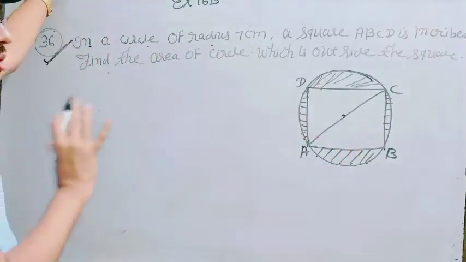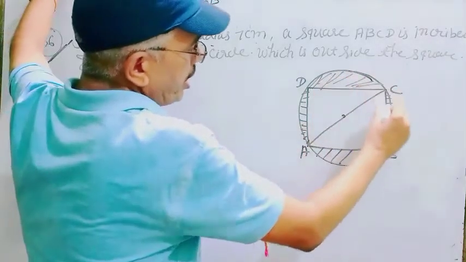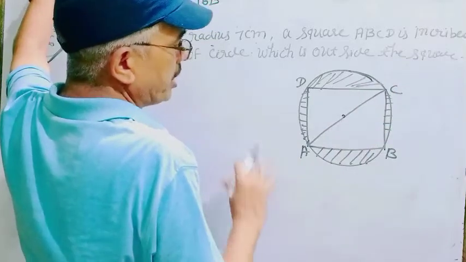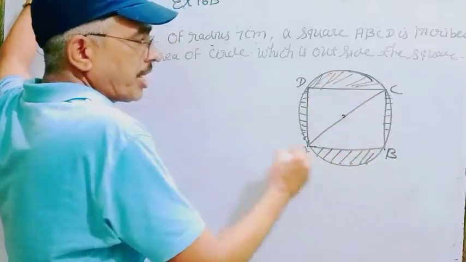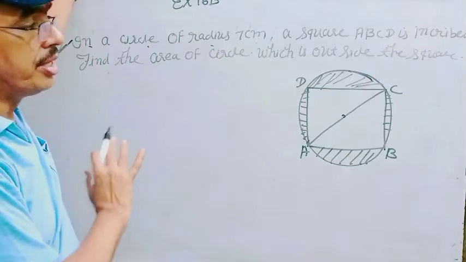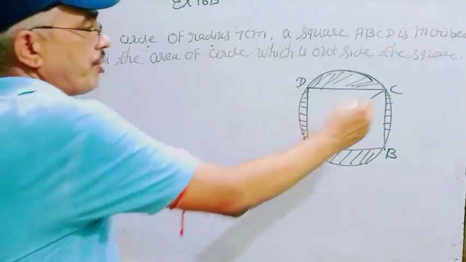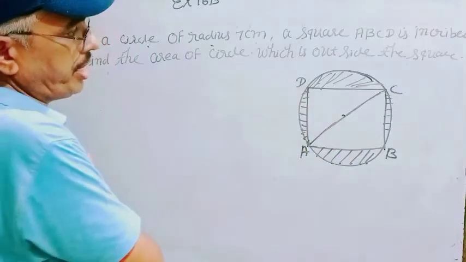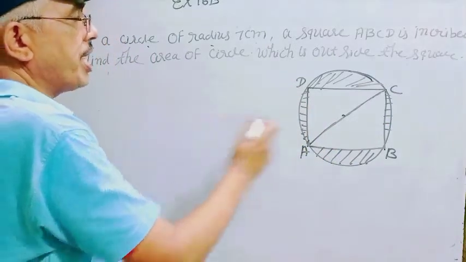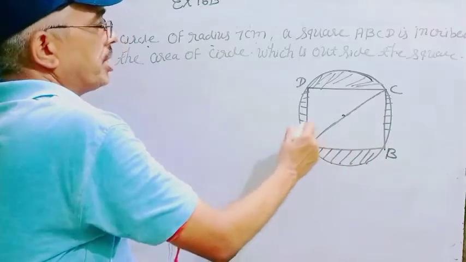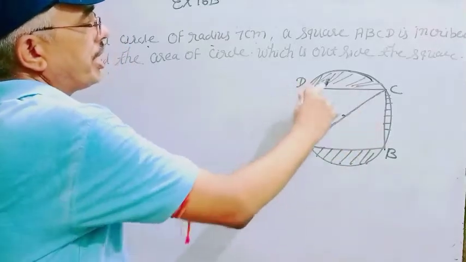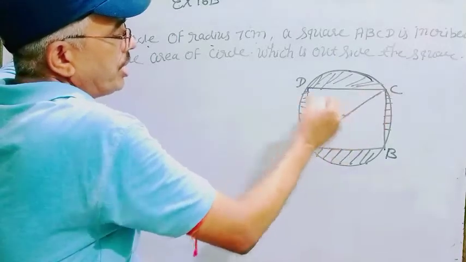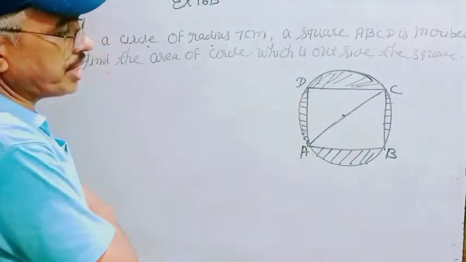Clear? When a circle is circumscribed about a square, the diagonal is equal to the diameter of the circle.